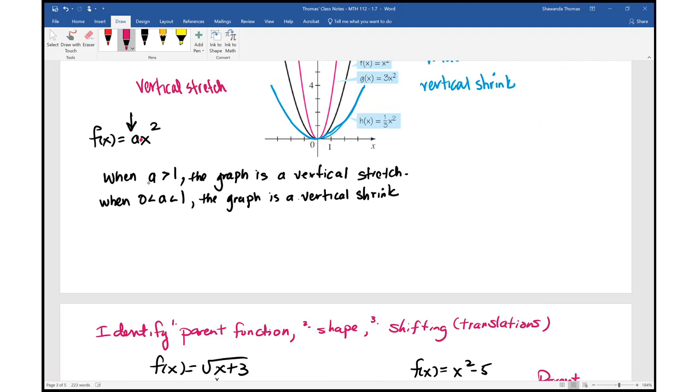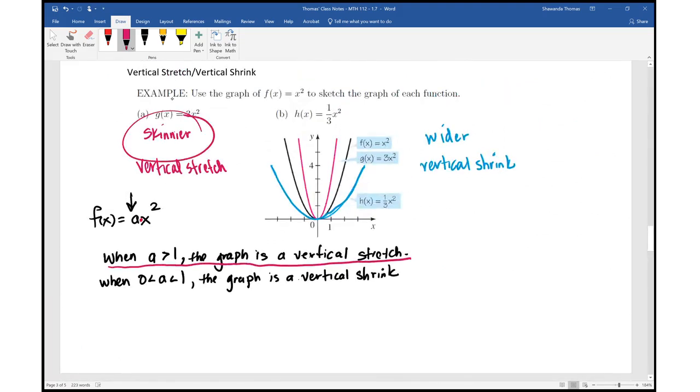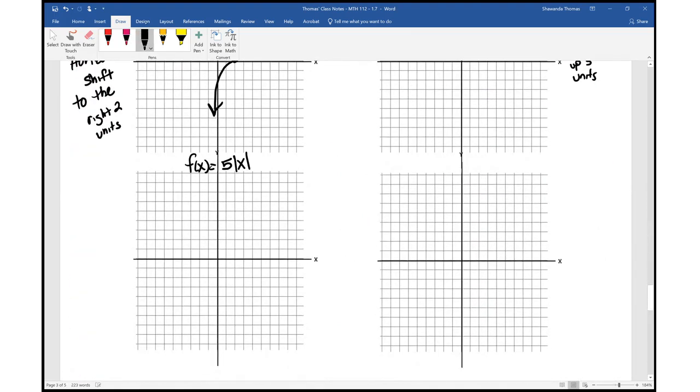When the a is greater than 1, like 5, the graph is a vertical stretch. What does it mean? It gets skinnier than the original. So let's say the original was this, for example. Then our 5 times the absolute value function would get skinnier, right?